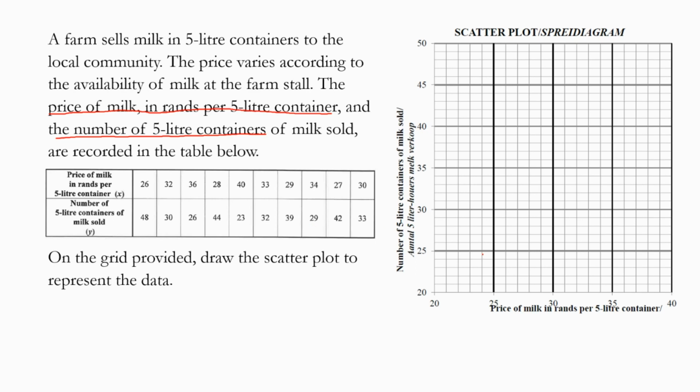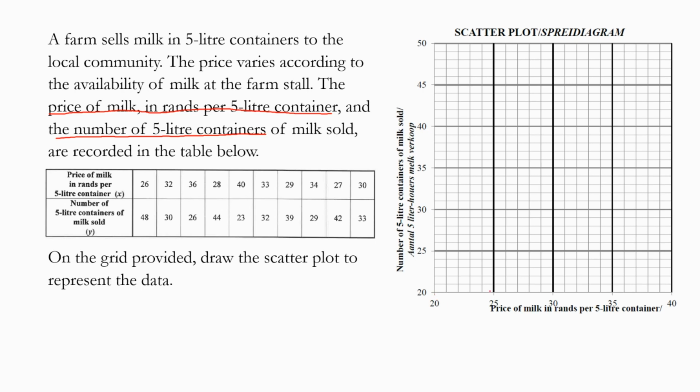So now we need to understand the scaling of our grid here. On the horizontal axis, we have the price of milk, and on the vertical axis, we have the number of 5-liter containers. So let's check here.